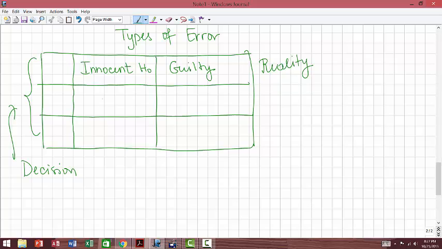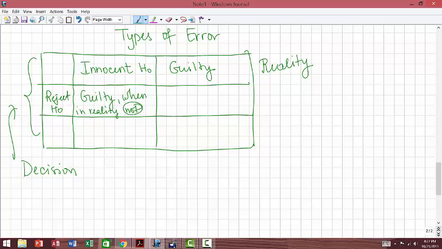So they say, okay, we decide that the defendant is guilty. Okay, so they reject H0. So what happens here? They say that the person is guilty, right? They say he's guilty, when in reality he or she is not.